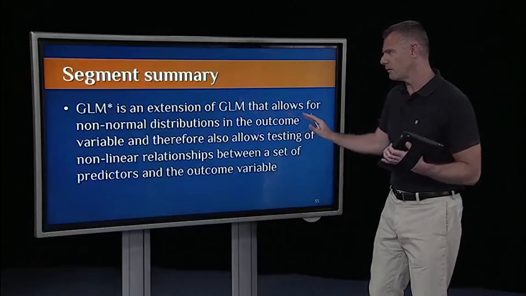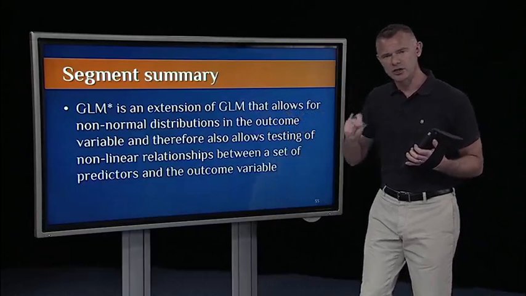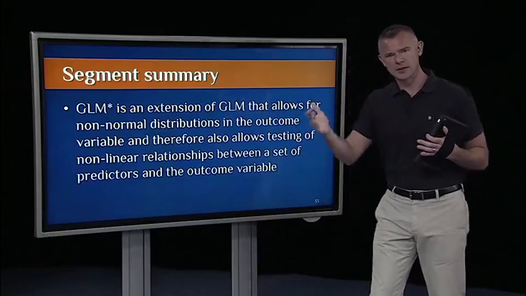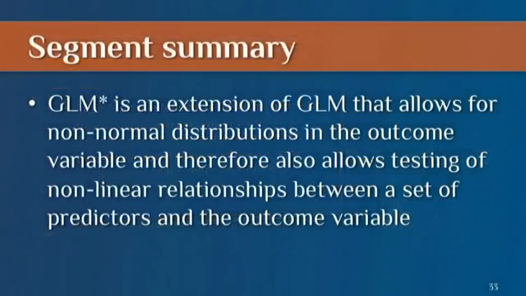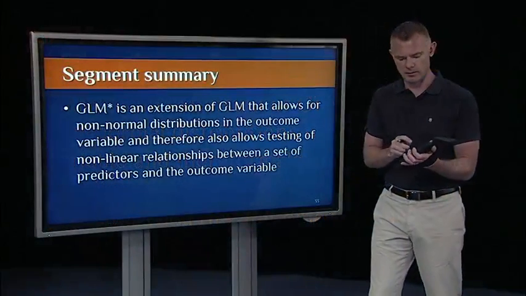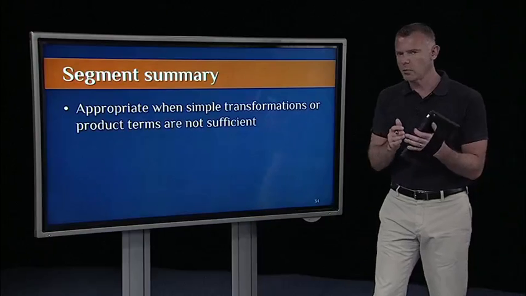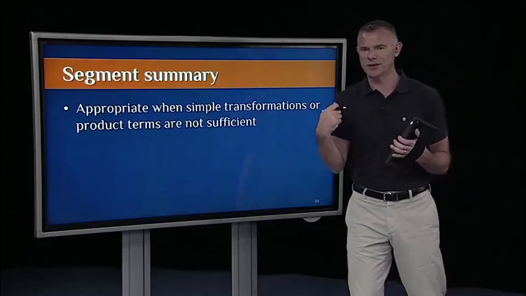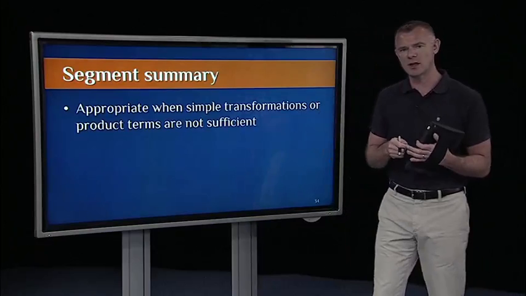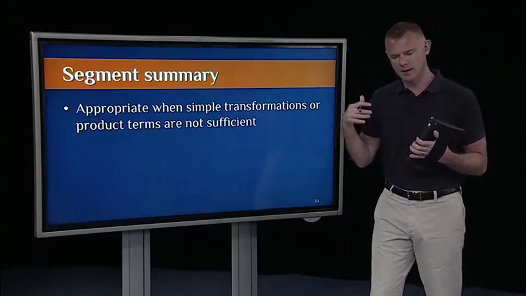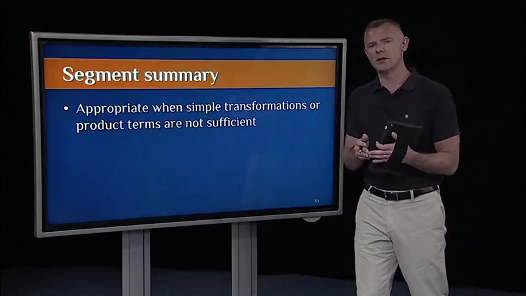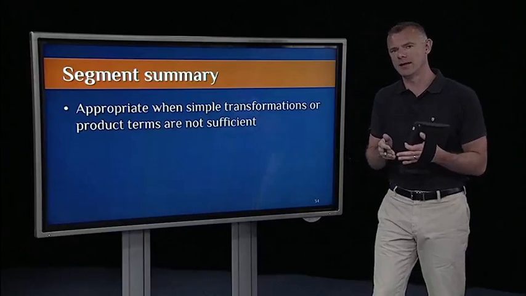So to wrap up this segment, just remember that the generalized linear model is an extension of the general linear model that allows for non-normal distributions in the outcome variable and therefore allows you to test nonlinear relationships between a set of predictors and that outcome variable. It's appropriate when simple transformations or the addition of simple product terms don't allow a quick fix and don't allow you to stick with the LM function in R, or that linear model.